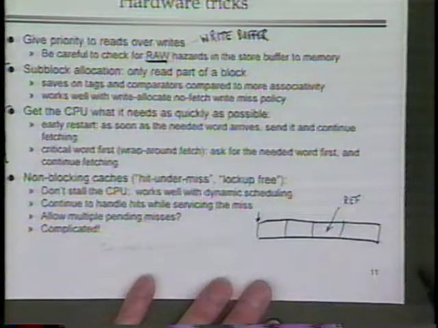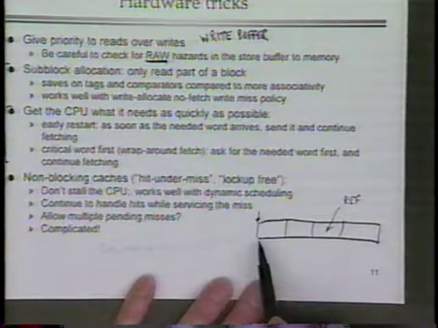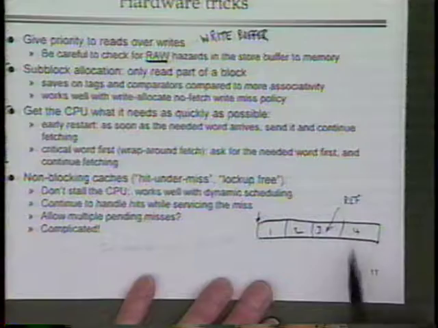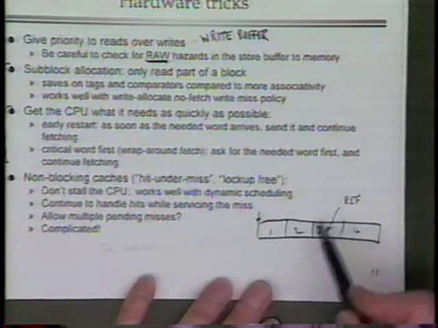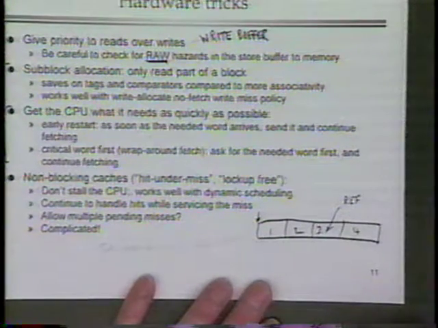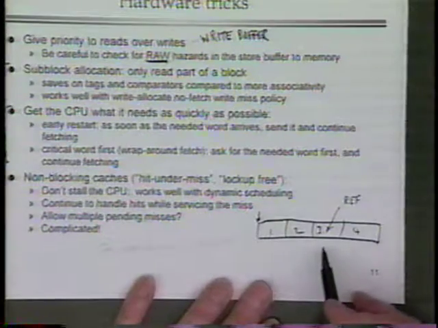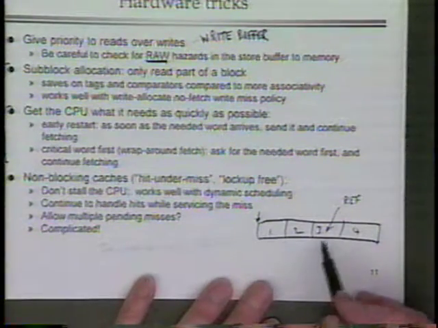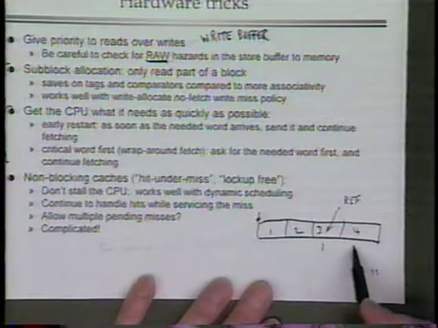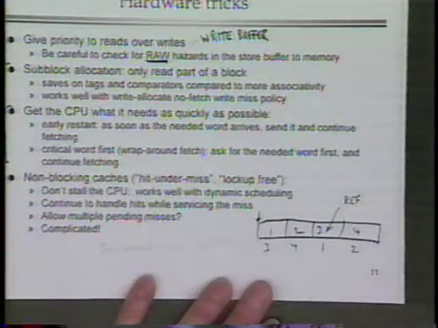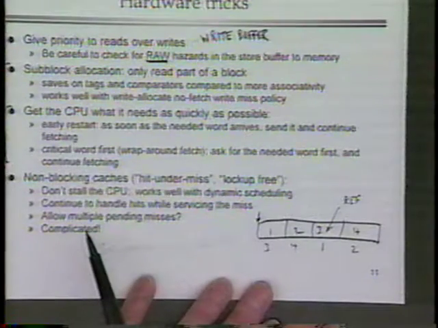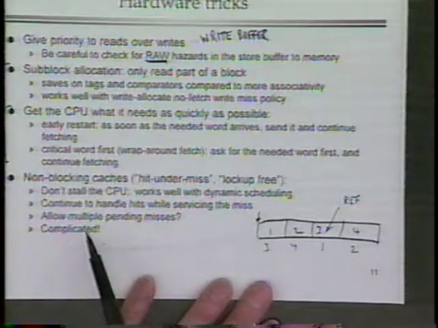I've got to fetch that line because the CPU wants it. You'll send a command to memory that says fetch this first, this second, this third, and this fourth. And the CPU can't get going until you fetch the third word. But you can decide instead to do a kind of wraparound fetch and fetch from memory first the one that the CPU wants, get it going, and in the meantime you can continue to fetch the rest of the words. That's this critical word first approach.